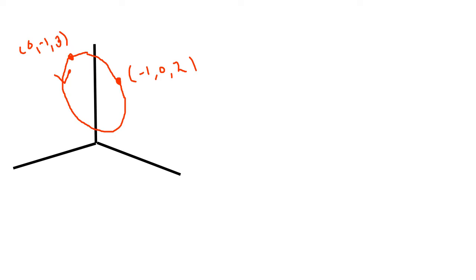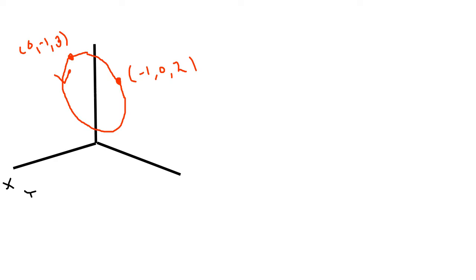This is example 6, section 10.1. There's the oval, and I'll put a couple points on there that they had: -1, 0, 2, and 0, -1, 3.